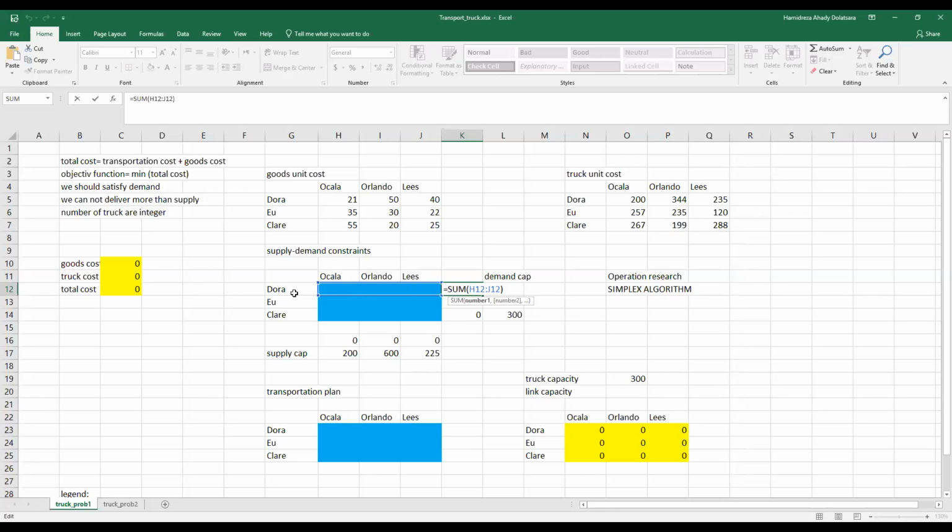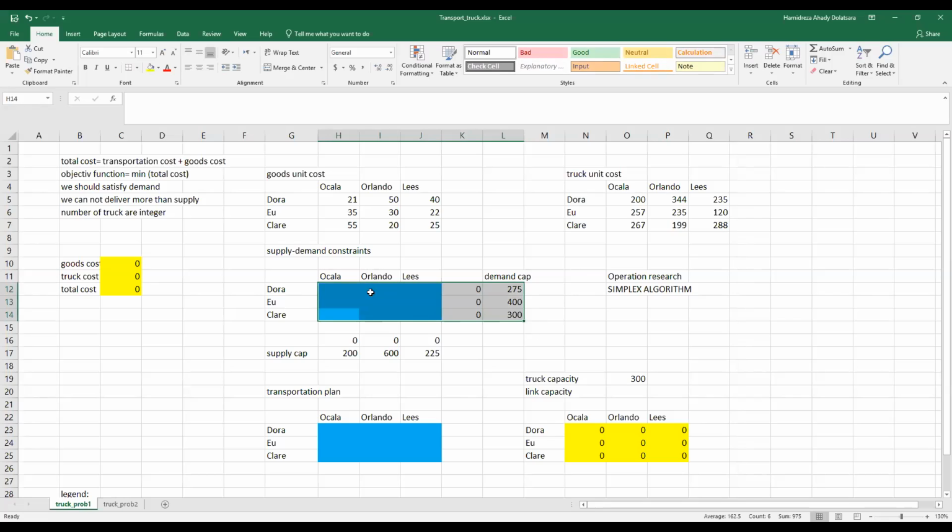So Dora, yeah, across all columns. It doesn't mean that all of them supply Dora, but maybe some of them provide. But at the end, we want the summation to equal 75. Or for EU, whatever he or she gets should be 400, or the same for Killer.